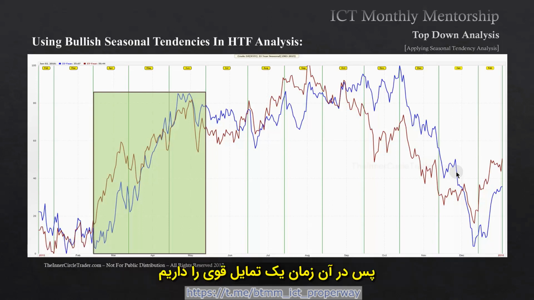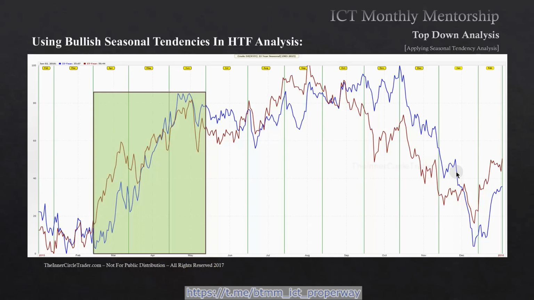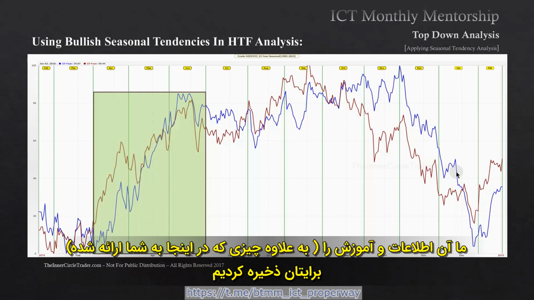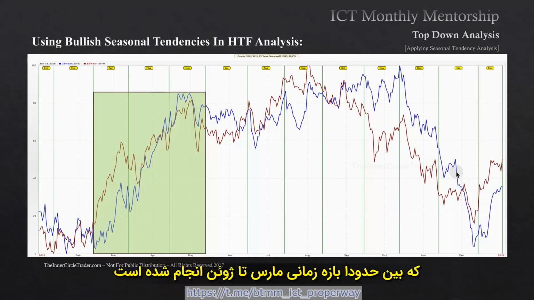So that's a strong tendency. But again, because we're looking at the Canadian dollar in the foreign exchange market, this would have to be reversed. So we'll save that study for you in addition to what's already been presented here, but I want to show you the futures contract price for crude oil between around March to June.